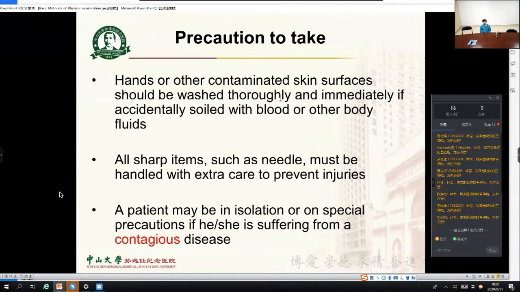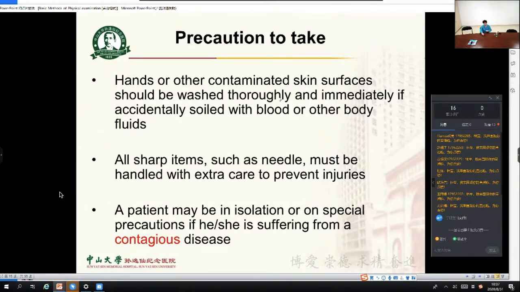Hands or other contaminated skin surfaces should be washed thoroughly and immediately if accidentally soiled with blood or other body fluids. All sharp items such as needles must be handled with extra care to prevent injuries.